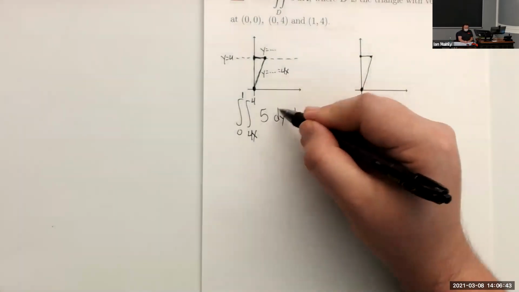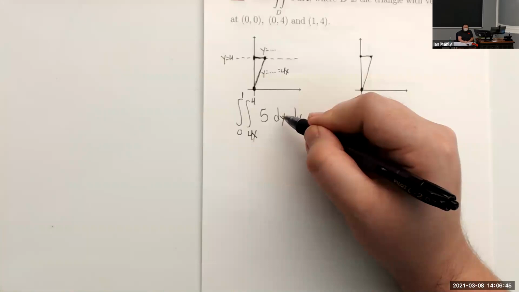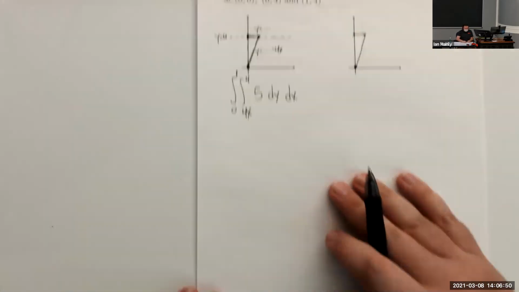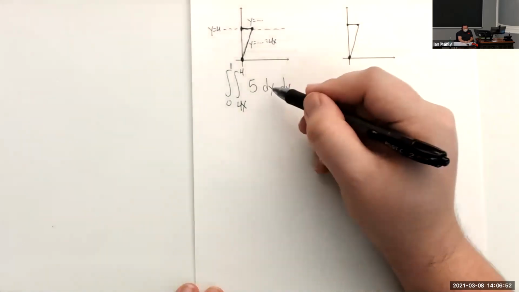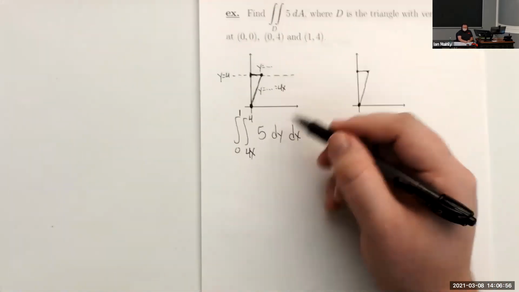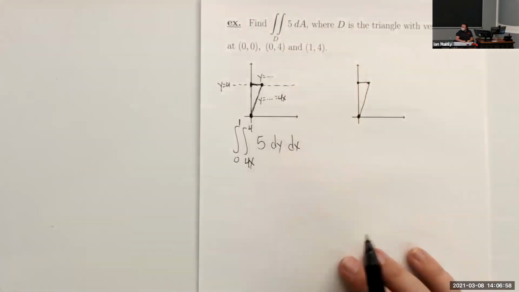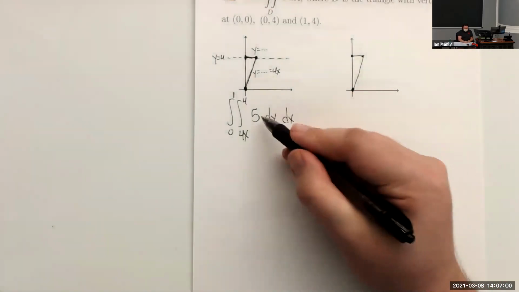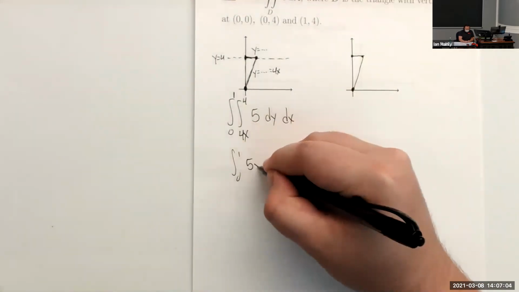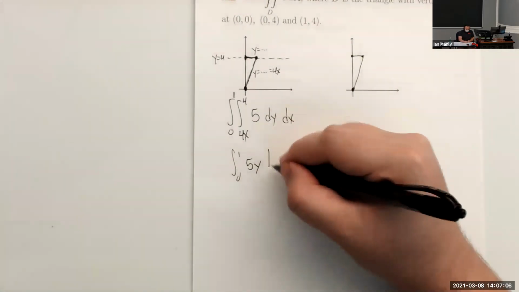So we do the integral with respect to y first, and then we do the integral with respect to x next. So let's see, the integral of 5 with respect to y here. What is the 5? It's from the problem. We're integrating 5, so we integrate 5 with respect to y and end up with just 5 times y.